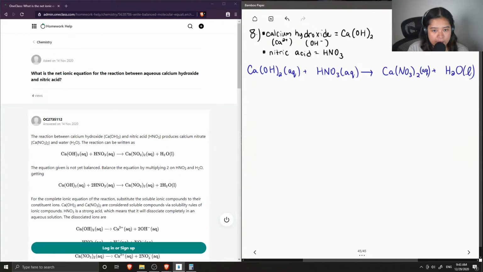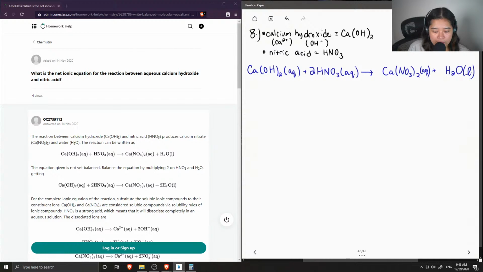We have 1 calcium on both sides. And we have 2 nitrogens in our product side. So I'm going to write a coefficient of 2 in front of the nitric acid. So now we have a total of 4 hydrogens on our reactant side.